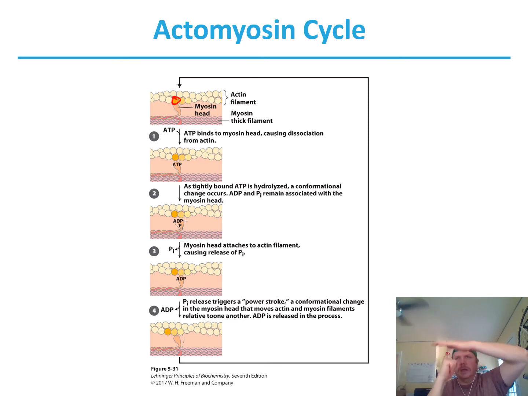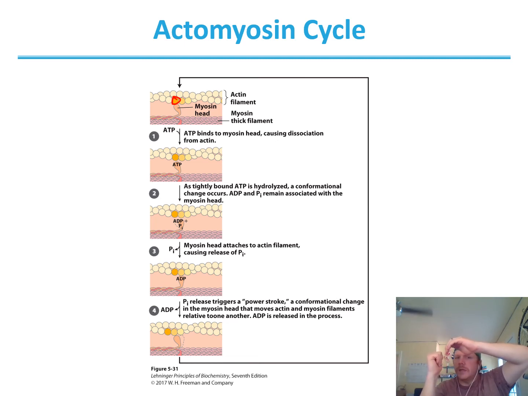Here, my left hand is my actin filament, and my right fist is my myosin head group. In order for this to bind ATP, it's got to release. It's then going to bind my ATP and hydrolyze it, causing a change in the structure. Since it's released and has hydrolyzed ATP and caused this change in structure, it's going to move on.